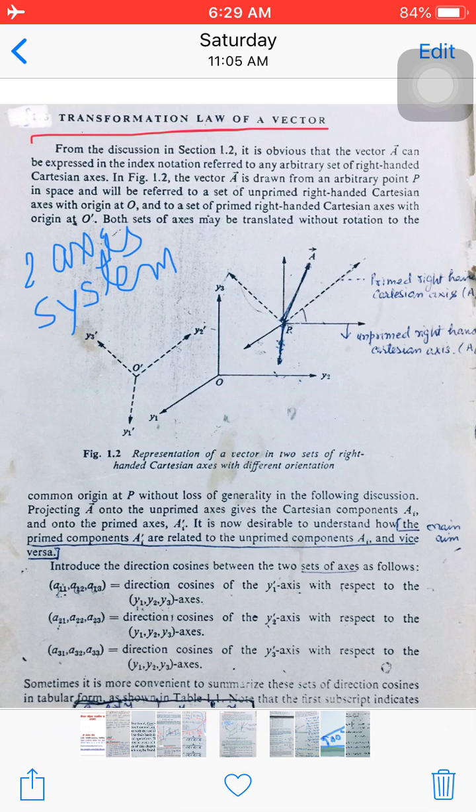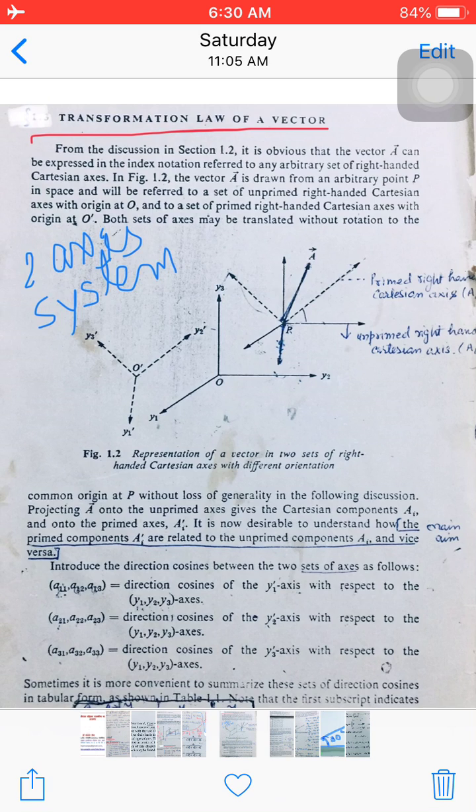So here it is the direction cosines of the y2 dash axis, in place of y1 dash, with respect to all three unprime axes y1, y2, y3. Same meaning. Similarly, we consider the direction cosines of the y3 dash axis with respect to the y1, y2, y3 axes.